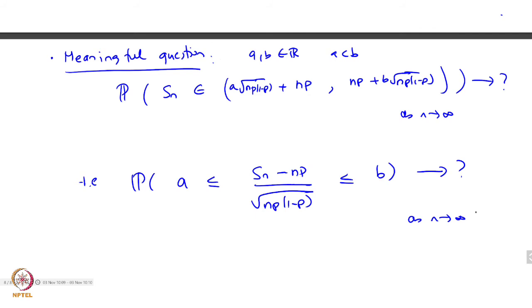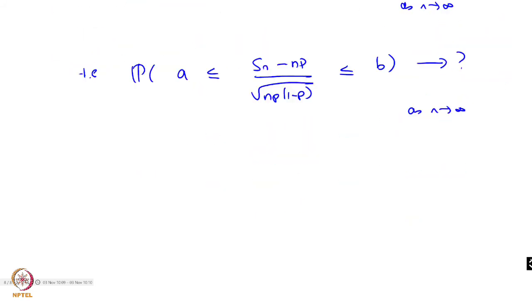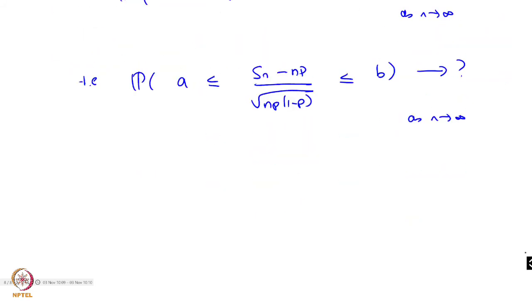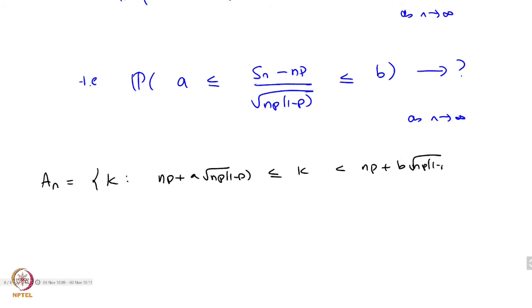So what is this? Let me now motivate a little bit. To understand this question, look at A_n, which is the set of all k such that np plus A times the square root of np(1 minus p) is less than or equal to k, which is less than np plus B times the square root of np(1 minus p). Take this event as k, and the above probability is what?